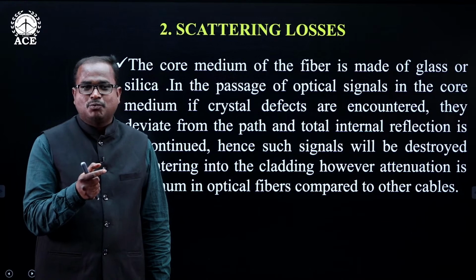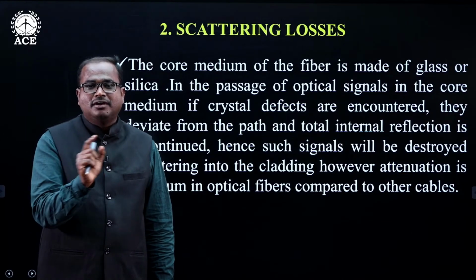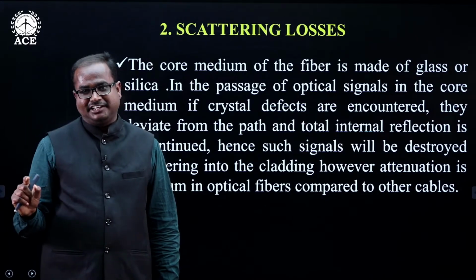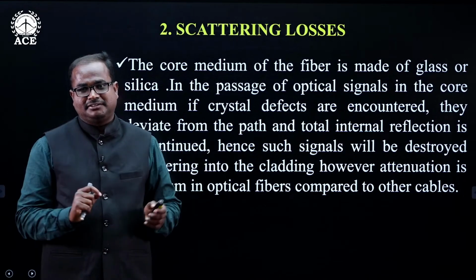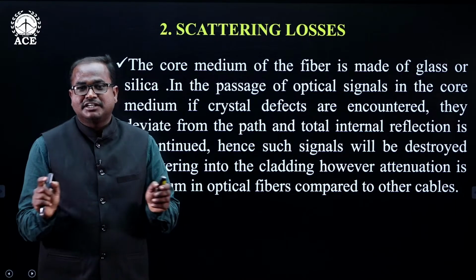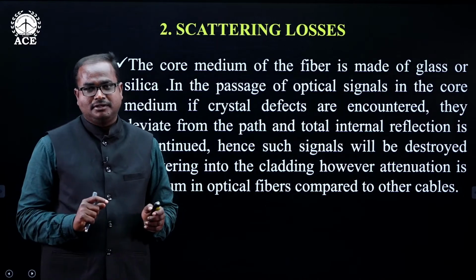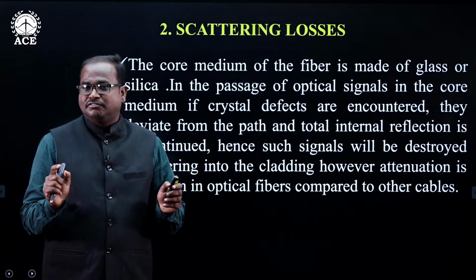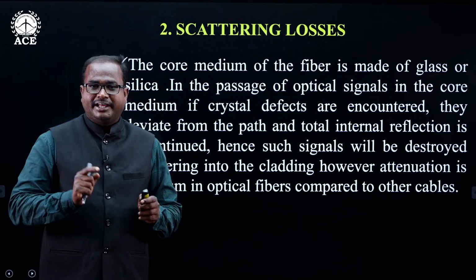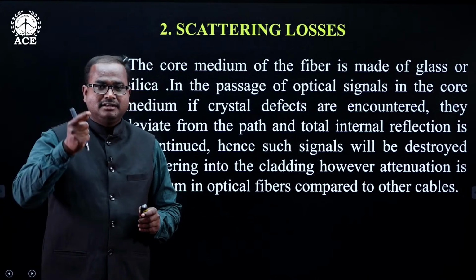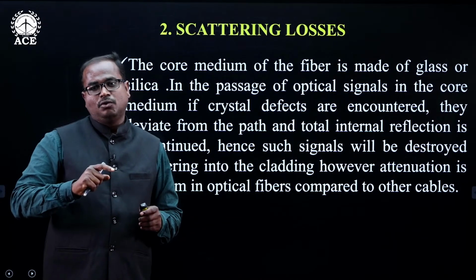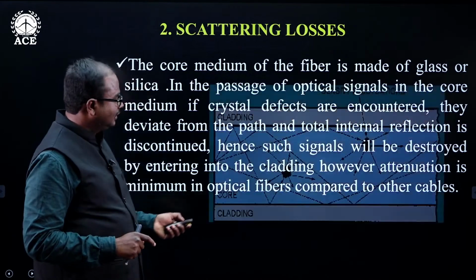Because of those defects, the light will not go in the regular direction. The direction will be deviated. The total internal reflection will be discontinued, it will not take place. What happens is some of the energy will go into the cladding, and some of the energy will go in the backward direction, like this.